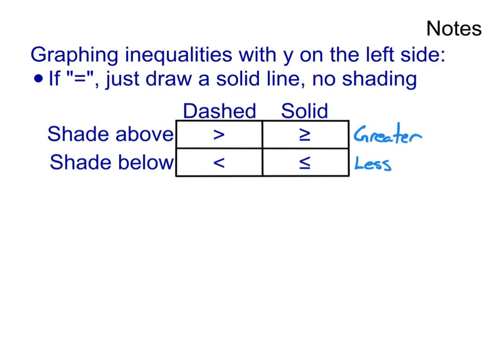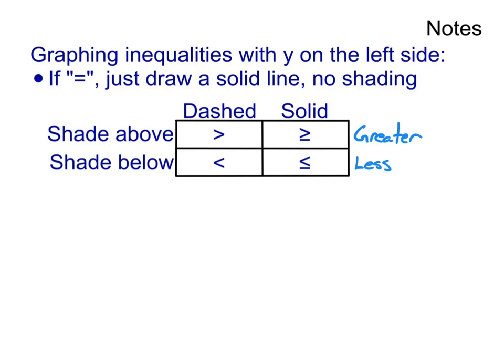And if you do find yourself sometimes mixing up which direction the greater than goes and which direction the less than goes, you might also add that to your table there. And you'll notice that these notes work specifically with y on the left side. As you might expect, if I all of a sudden flip the entire inequality around, the signs would change, and all of a sudden these things would change as well.